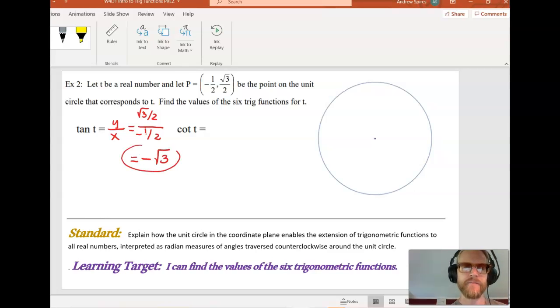Okay, so side note, I do want you guys to know this. These two numbers that you see here, so I'm just doing a side problem. Square root of 3 over 2 is very common with unit circles. That is one of the most common values you're going to see. And when you divide that by 1/2, which is another very common value on the unit circle, this will always equal √3.